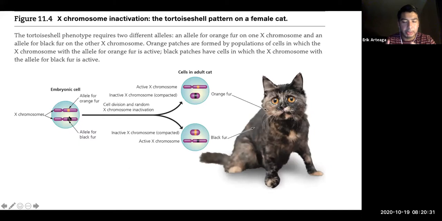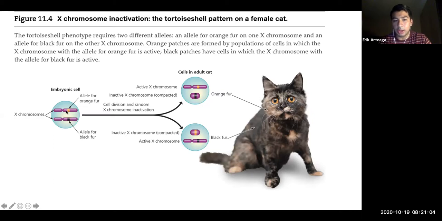Okay, so we talked a little bit about genetic inheritance in Mendelian genetics as well as karyotyping, but in animals or eukaryotes specifically, we donate one sex chromosome from each parent, right? Well, in the case of females, females actually have two X chromosomes, right? One of those chromosomes needs to be deactivated. So one of those chromosomes is turned into what is called a bar body.